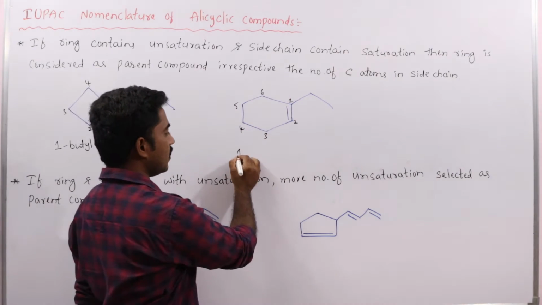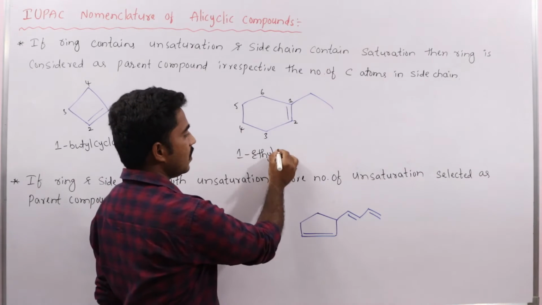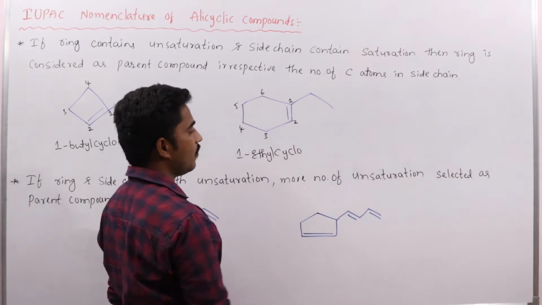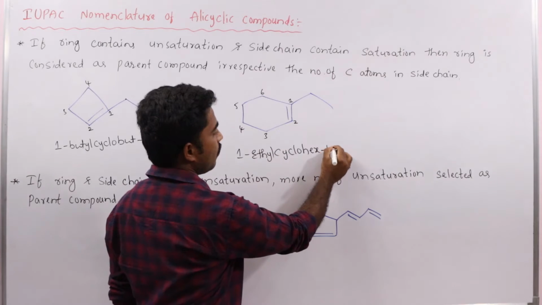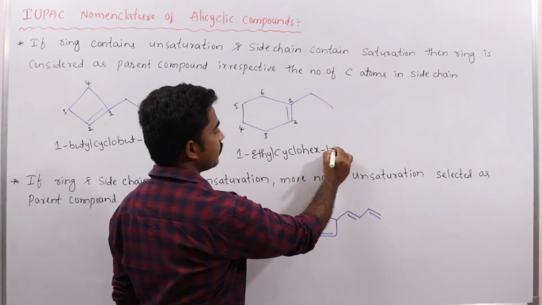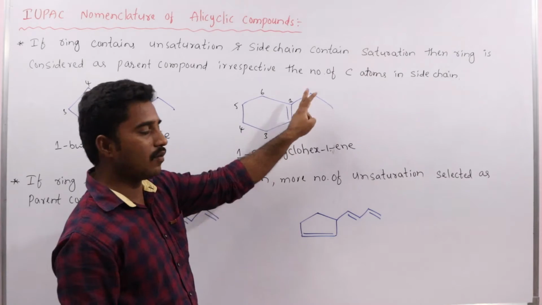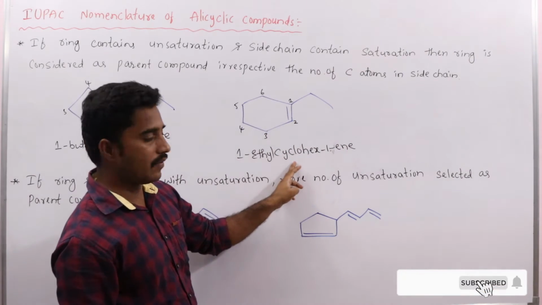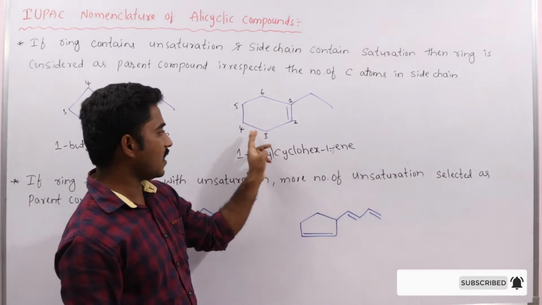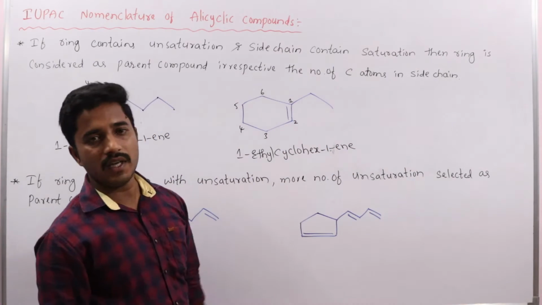That's 1-ethyl. Cyclo, 1-ethylcyclohex-1-ene. At the first position an ethyl group is there and a cyclic group, that's why cyclo as a prefix, hex is the root word.